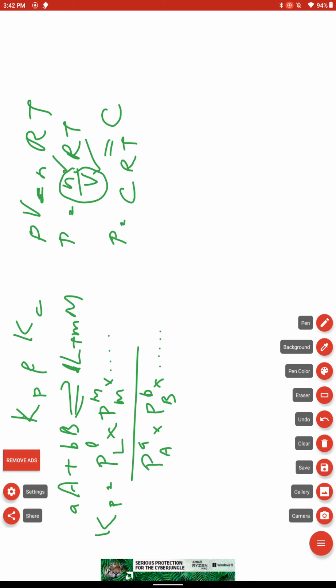അപ്പോൾ when we substitute in terms of Kp, P is equal to എന്താ നമ്മൾ എഴുതിയത്?